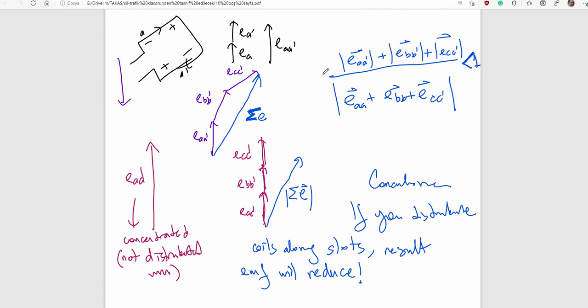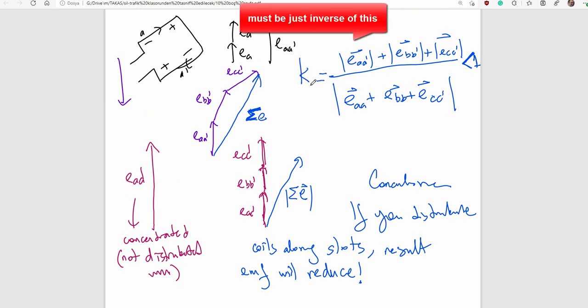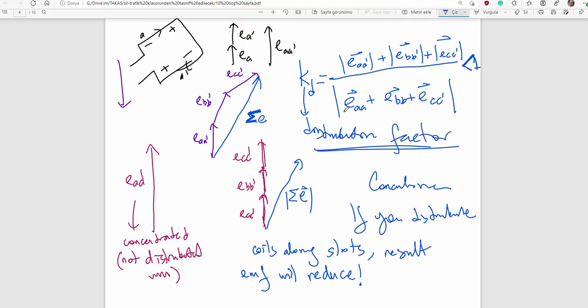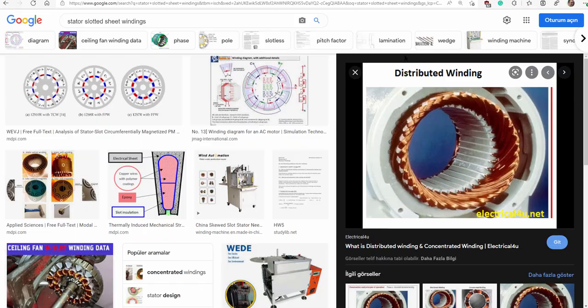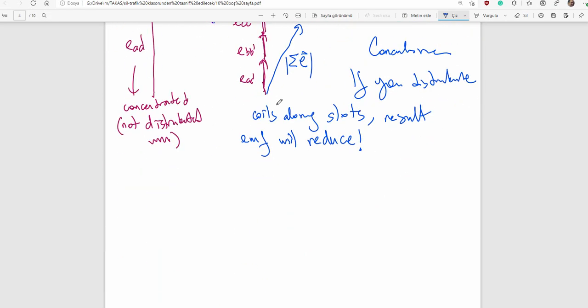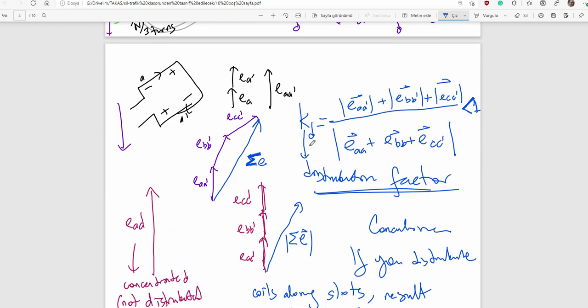The reduction ratio is called the distribution factor. So here you see a distributed winding. The induced resultant EMF will be smaller due to distribution. The factor is defined by KD, which will reduce the induced EMF.